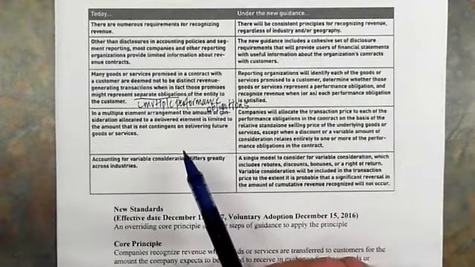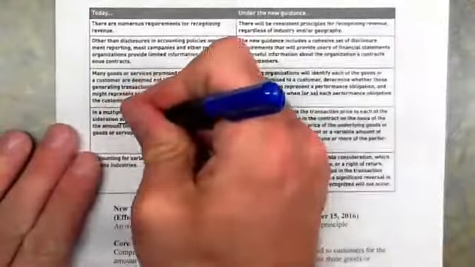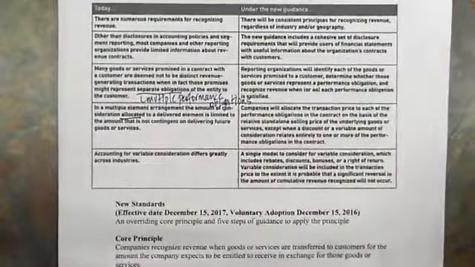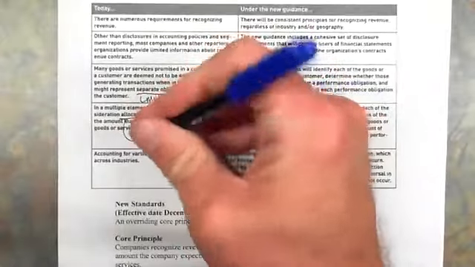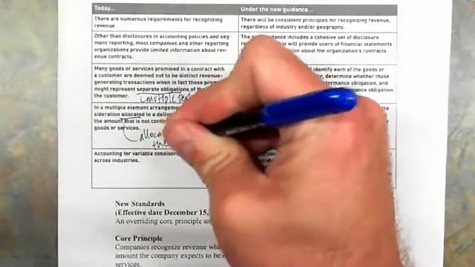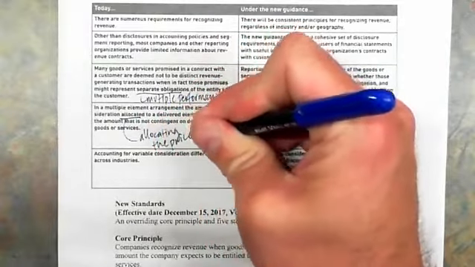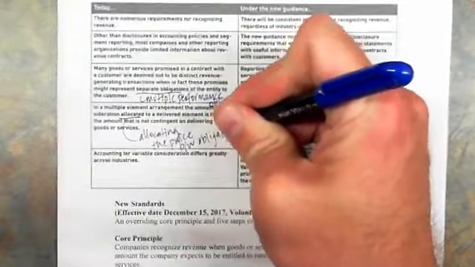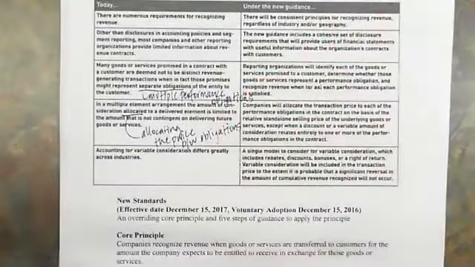The allocation of the price between those multiple performance obligations is not distinct. And so we're going to make a big deal about allocating the price between obligations. So if there's one price for multiple obligations, we want to be able to allocate it systematically between those obligations.